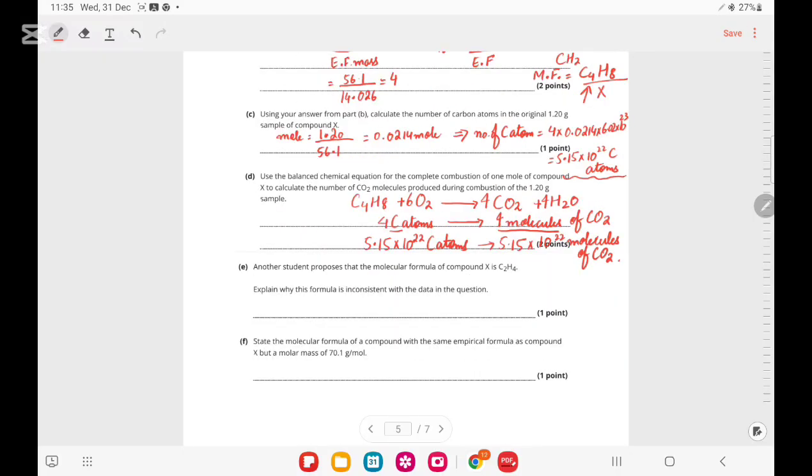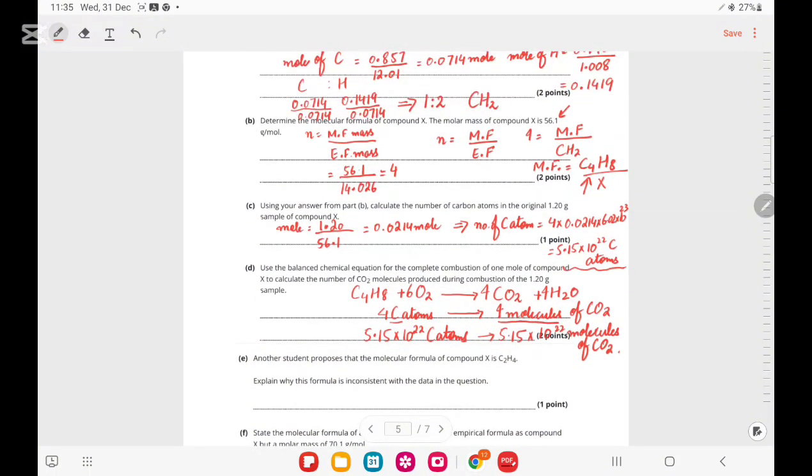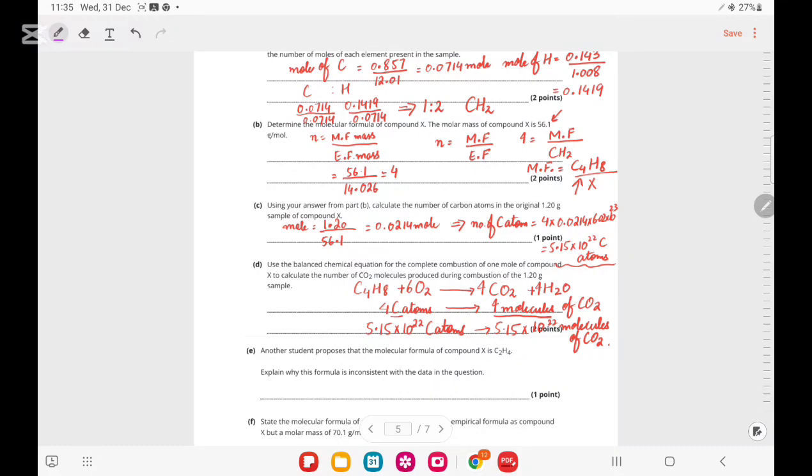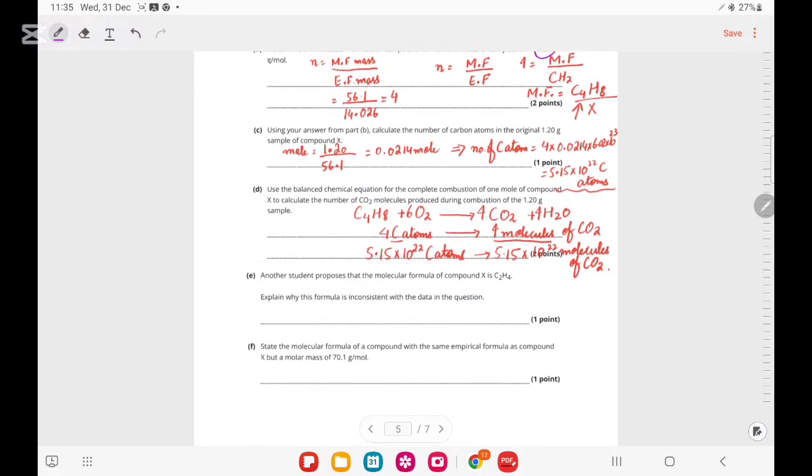In the next question, they are saying another student proposes that the molecular formula of compound X is C2H4. Explain why this formula is inconsistent with the data in the equation. We are given the molar mass of X, which is 56.1, but now they are saying its molecular formula is C2H4.